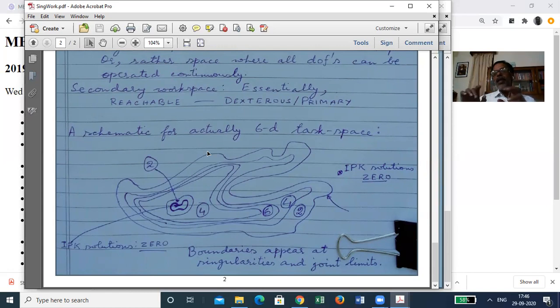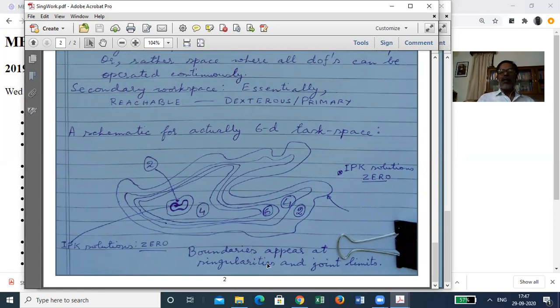For example, there may be a revolute joint which can only take positions from minus 60 degrees to plus 135 degrees. Then beyond these two angles the joint cannot go, so the end effector also will have similar limitations. Prismatic joints will always have joint limits. You cannot go from Venus to Pluto, so they will always have joint limits.